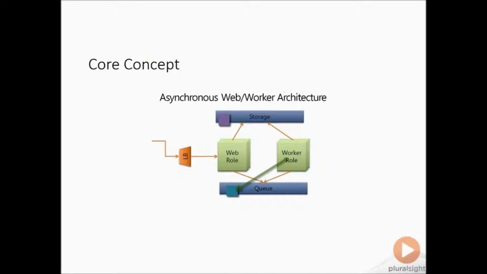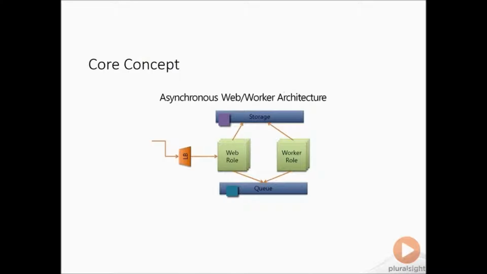Once you have queued the message, you can have one or more worker roles monitoring the queue, picking up the message. Once they pick up a message, they need to go to storage to get all the details about the task. Once they have all the details, they can perform that compute operation, whatever it may be, an image processing task, a simulation task, etc. And once they have completed the computational task, they can store the results back into storage.